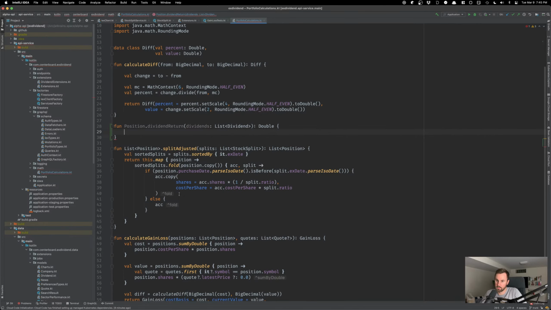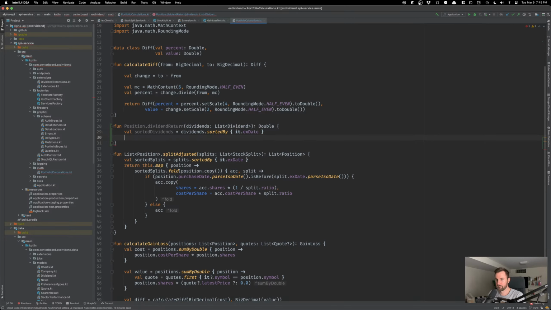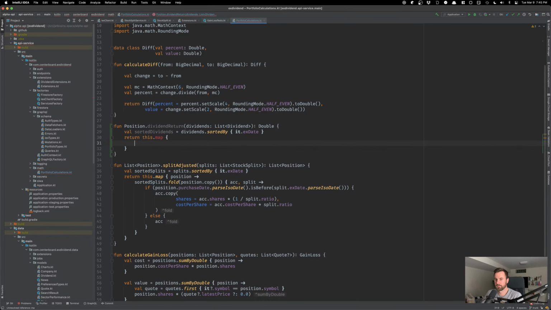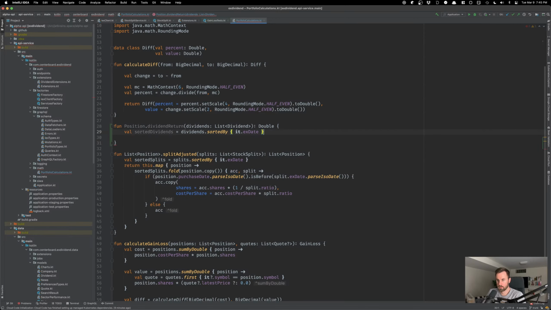So similar to what we did here, we're going to sort this first just to make sure. Then we are going to map, okay, let's do this.